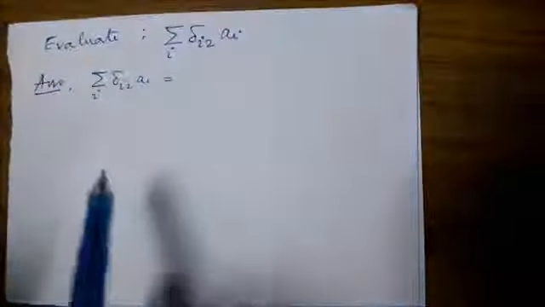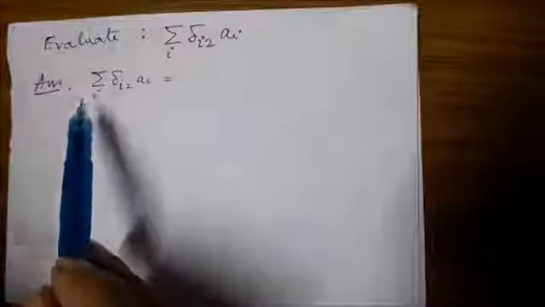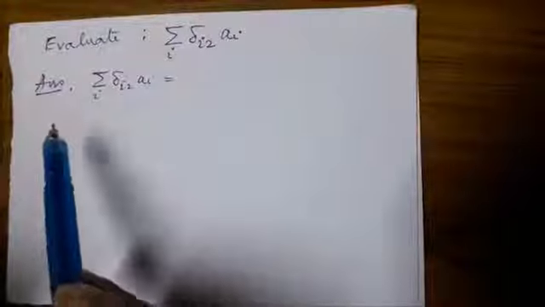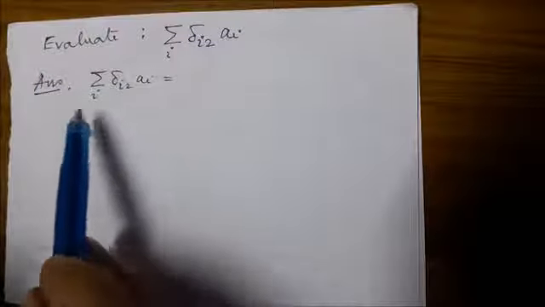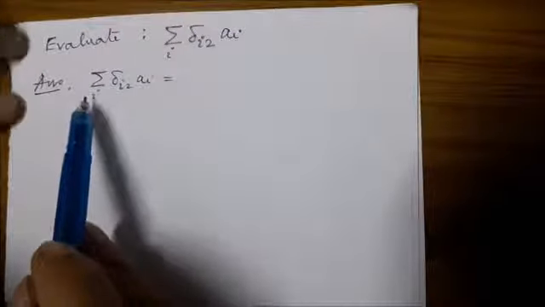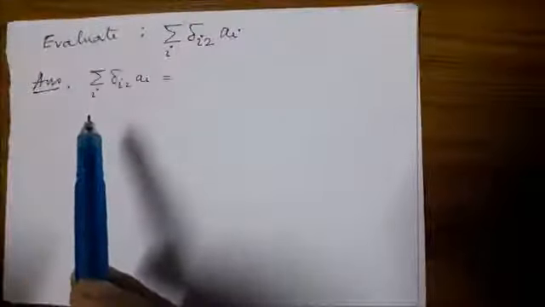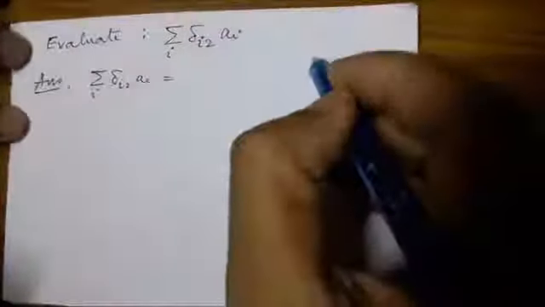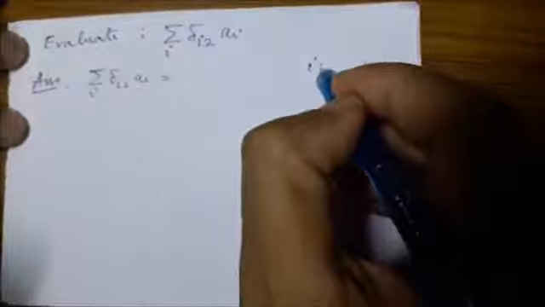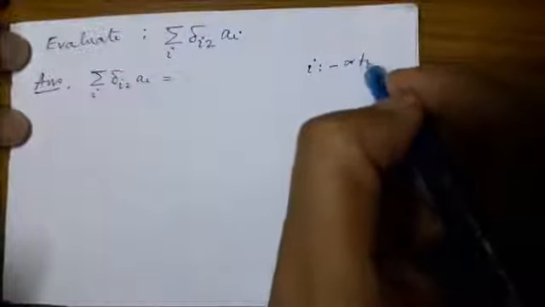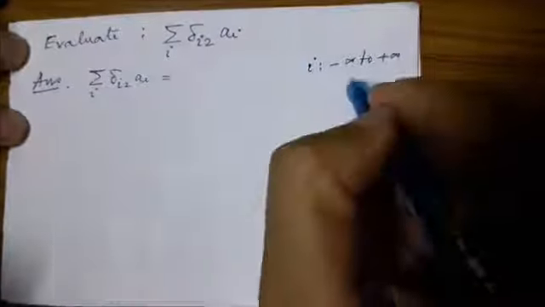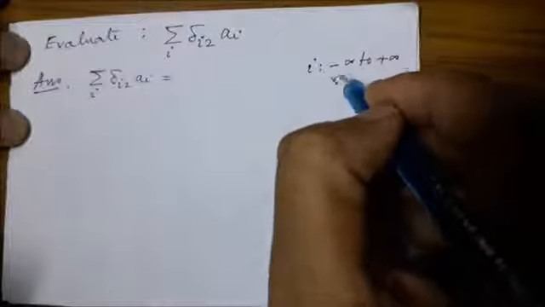We note that summation is over the dummy index or running index I, and I assumes values minus infinity to plus infinity. It assumes various integral values.